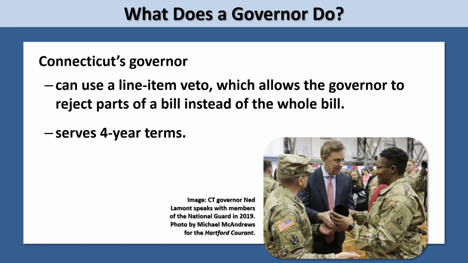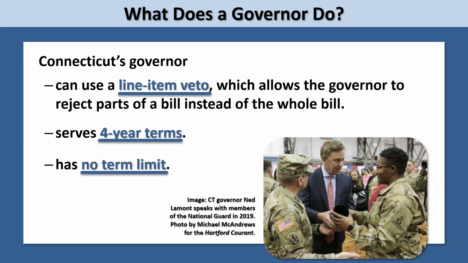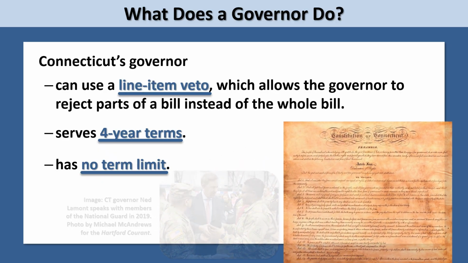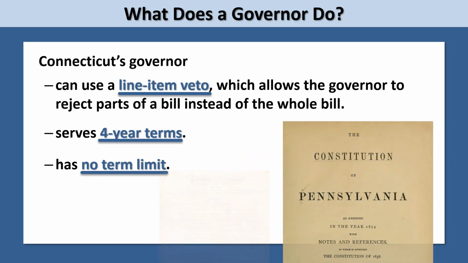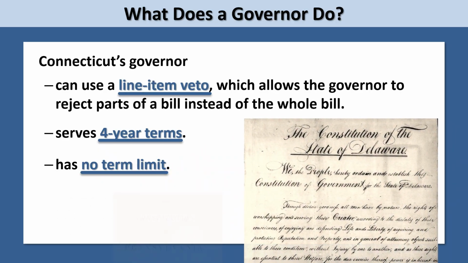Connecticut governors also have no term limits, meaning they can be re-elected an unlimited number of times. Not all states have line item vetoes, 4-year gubernatorial terms, or no term limits for governors. These specifics vary according to state constitution.